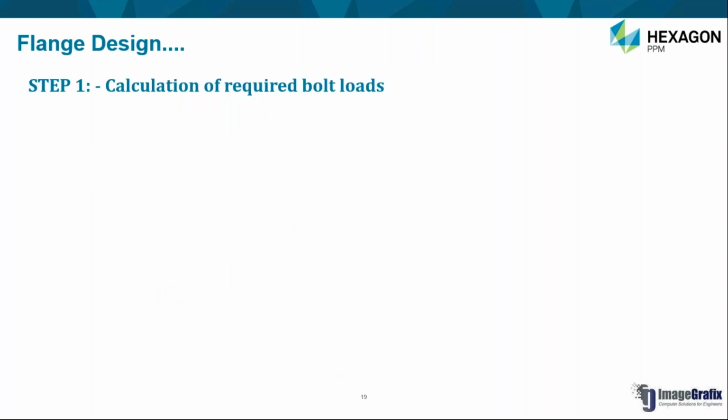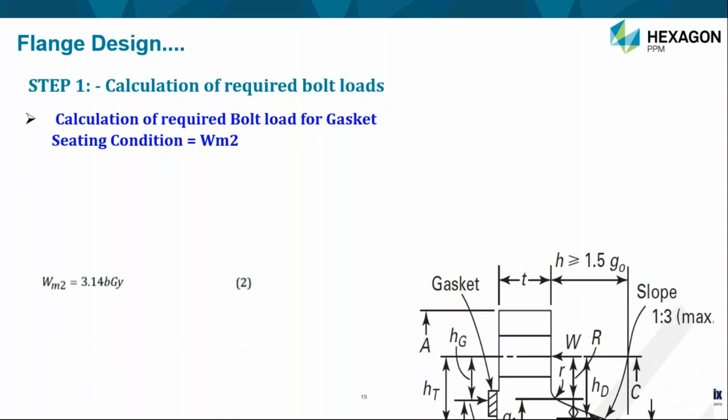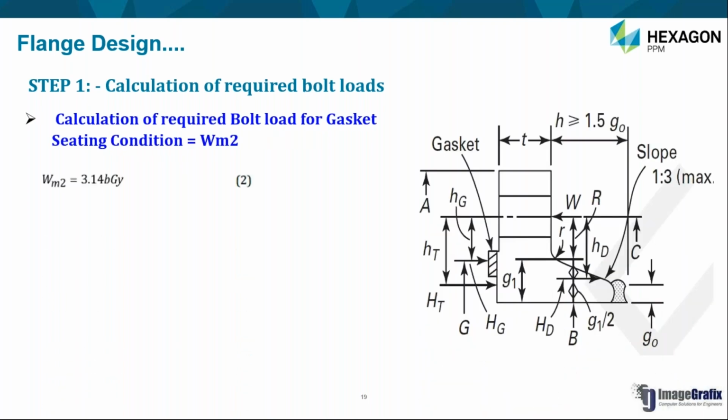Now the other condition, which is your gasket seating condition, for which we calculate the bolt load as WM2. The load is the stress multiplied by the area, or we can put it another way as the stress developed because of that bolt load, WM2 divided by the area.